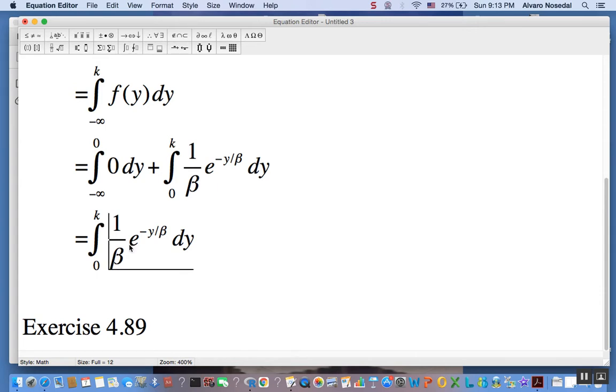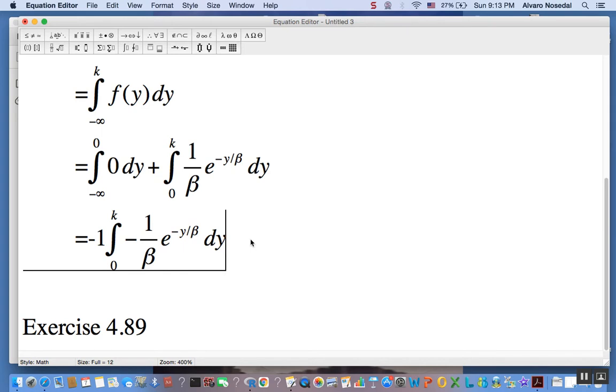We know that if we had a negative 1 over beta here, that would be very easy to integrate, because the integral of negative 1 over beta times e to the negative y divided by beta, dy, would be just e to the negative y divided by beta. So since we need that negative sign, let's multiply by negative 1, and then that's a legitimate way of getting it.